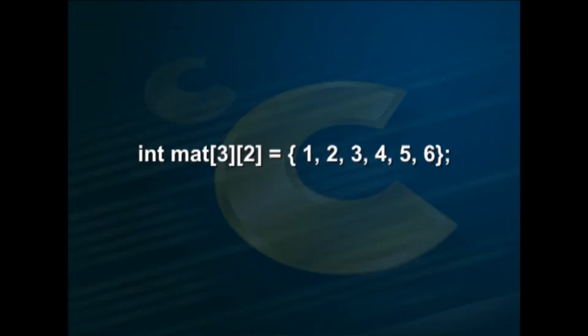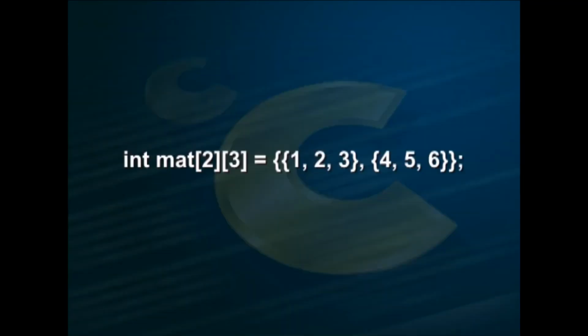Like one-dimensional arrays, two-dimensional arrays may be initialized by following their declaration with a list of initial values enclosed in braces. For example, int mat[3][2] = {1, 2, 3, 4, 5, 6}. Here the initialized values are assigned to the array elements row by row according to the order of storage in memory.